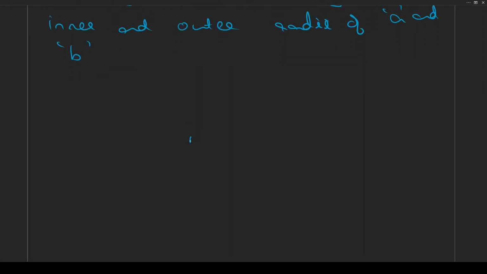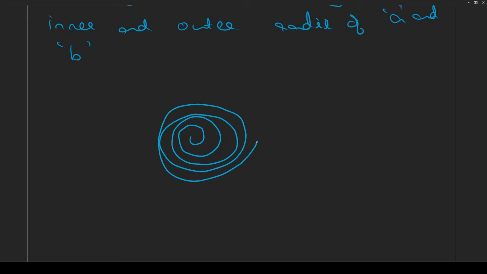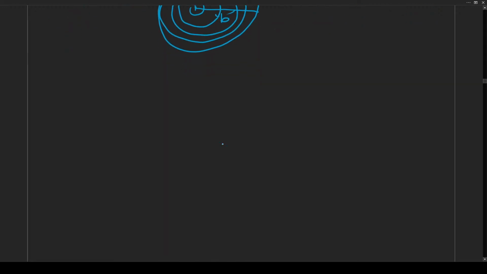This is a spiral here. They're saying this radius is A, whereas this radius is B. Now they're asking what is the magnetic moment due to this coil if there is this current I passing through it.